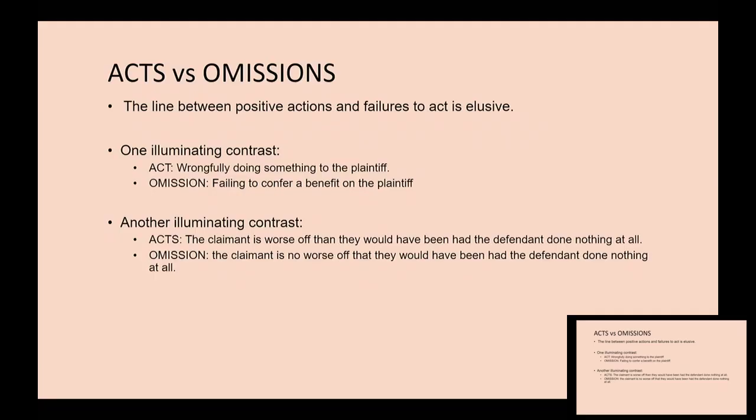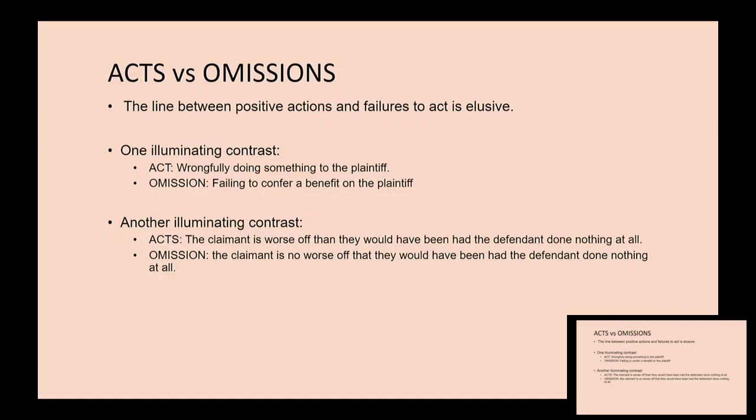So you could say that you're driving your car and you cause a car crash by omitting to use the brakes, okay? And you're like, well, is that an act or is that an omission? But the better language and the clearer conceptual difference is to focus on the difference between wrongfully doing something to the plaintiff, i.e. crashing into them, as compared to failing to confer a benefit on the plaintiff.